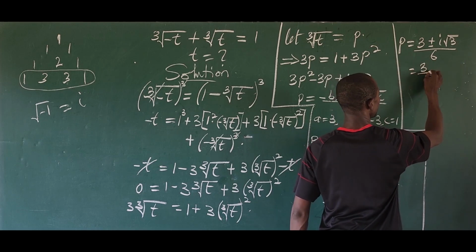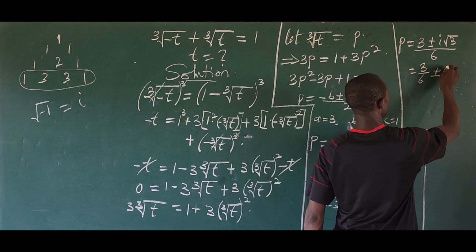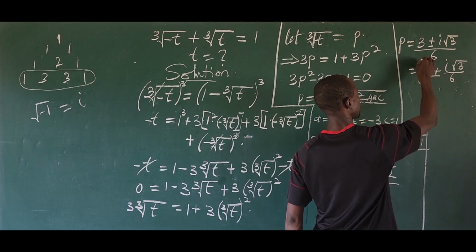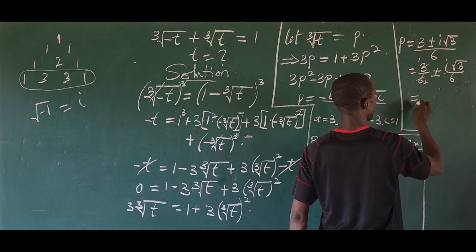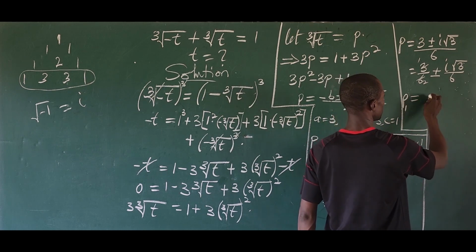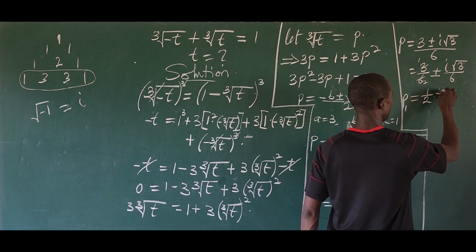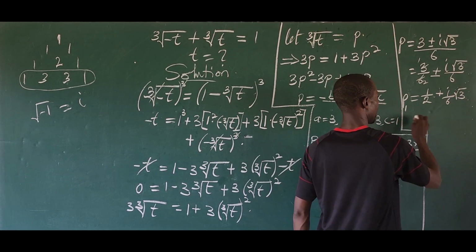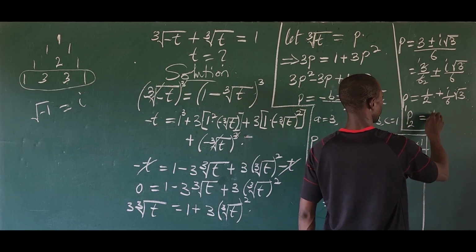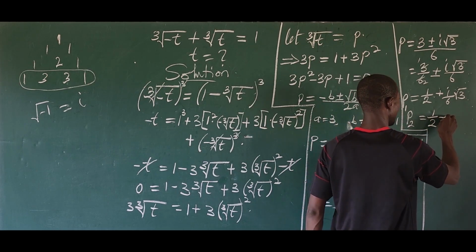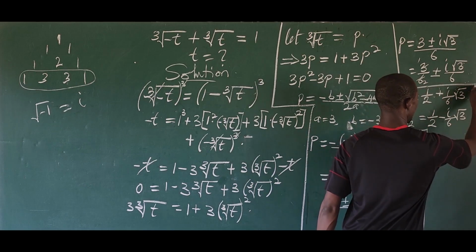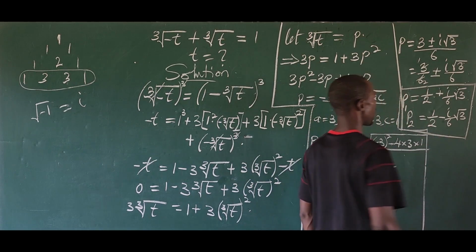Simplifying down, this will give us 3 all over 6 plus minus iota root 3 all over 6. 3 here 1, 3 here 2. So we now have our P1. P1 is equal to 1 all over 2 plus iota all over 6 root 3. And we have our P2 equal to 1 all over 2, then minus iota all over 6, the root 3. Now, these are the two values of our P.